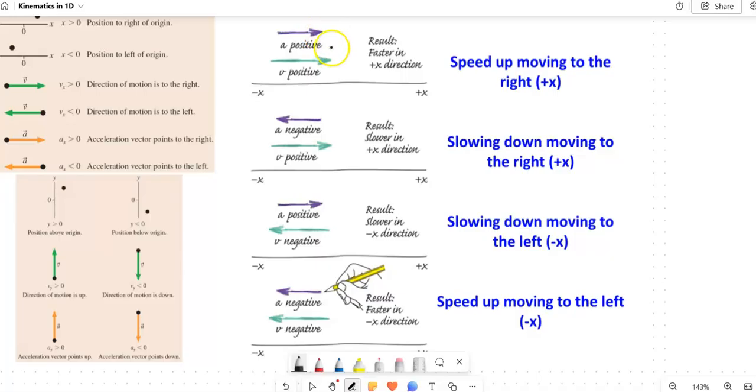So whenever your acceleration and velocity vectors are pointing in the same direction, that is called speeding up. Whenever your velocity vector and acceleration vector are opposite each other, that is called slowing down.